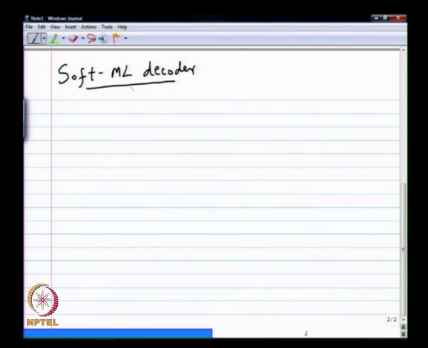For the soft ML decoding, as usual we will be using BPSK AWGN. Remember BPSK is 0 going to +1 and 1 going to -1. AWGN will be noise distributed as normal.